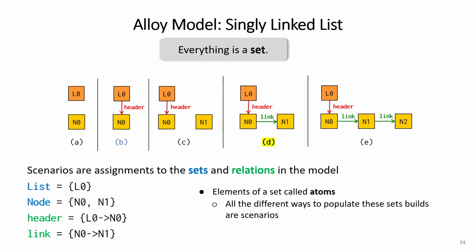Now, in this example, where we add one link, we would see a difference. The set of atoms now changed because now we have two instances of node, right? So the set node now has two elements. And suddenly we see that also the set link, which is this binary relation of links, has one element.